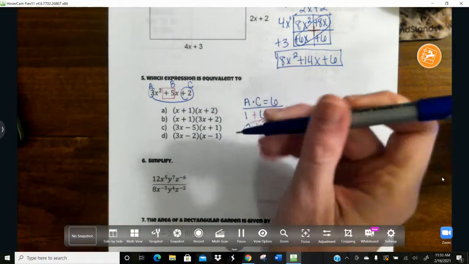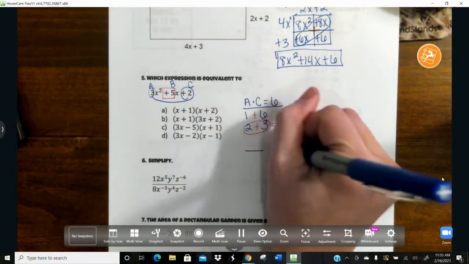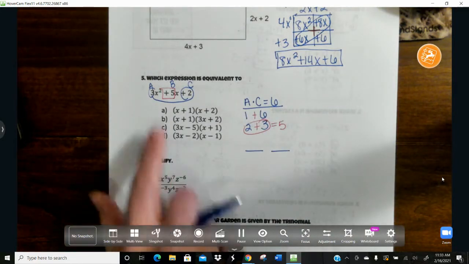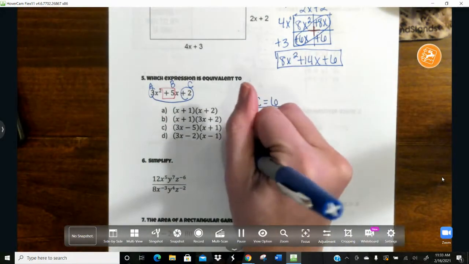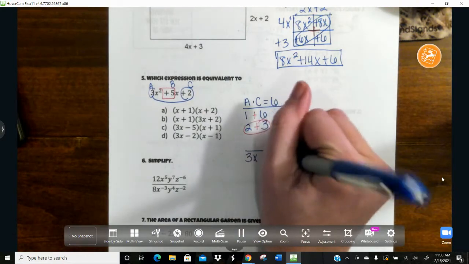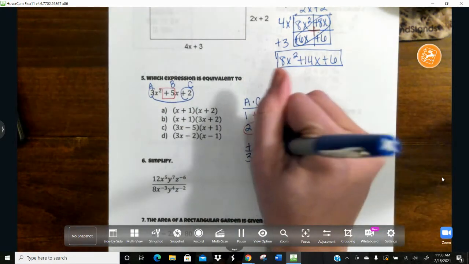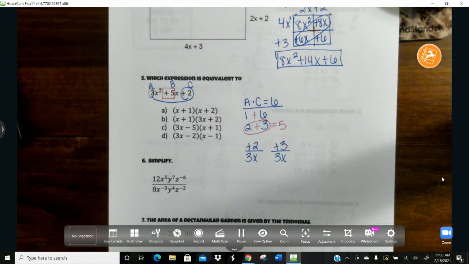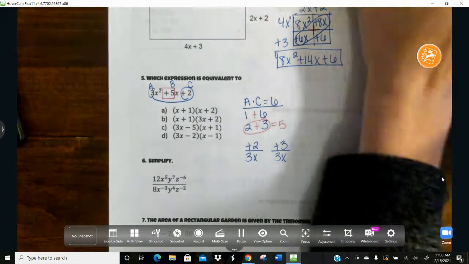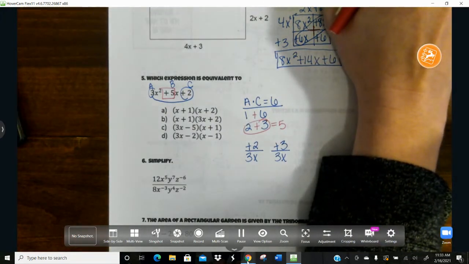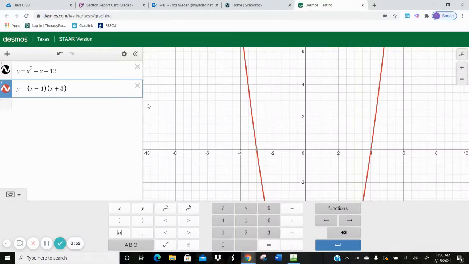Okay, so then I'm going to go ahead and set up my two fractions with ax at the bottom. So this time 3x is at the bottom. My plus 2 is at the top of one. My plus 3 is at the top of the other one. Since my denominator is not 1, I'm going to check to see if these fractions reduce in Desmos.